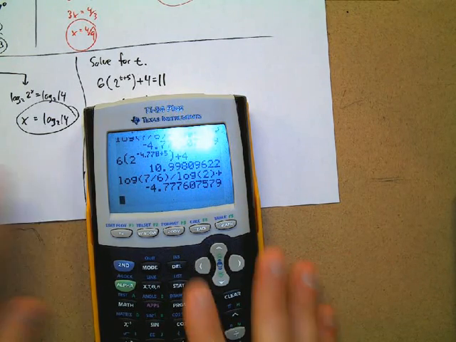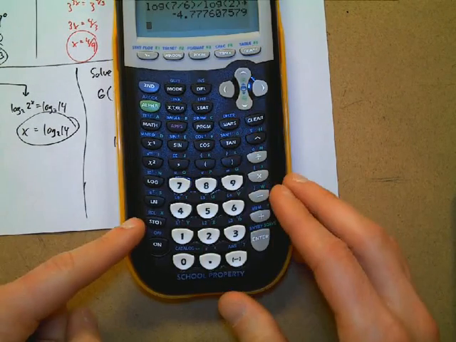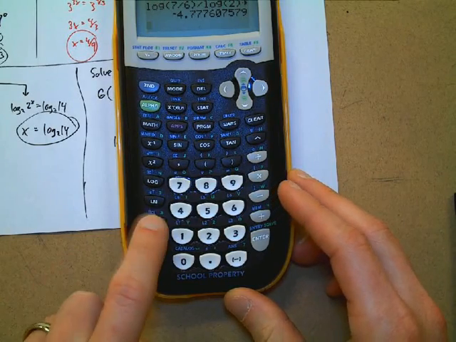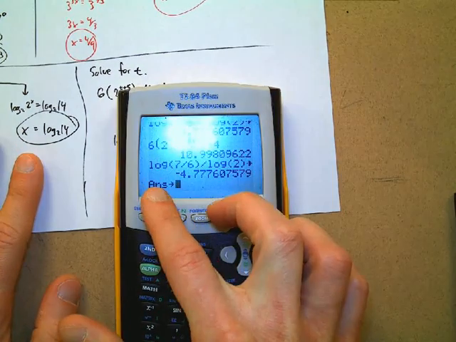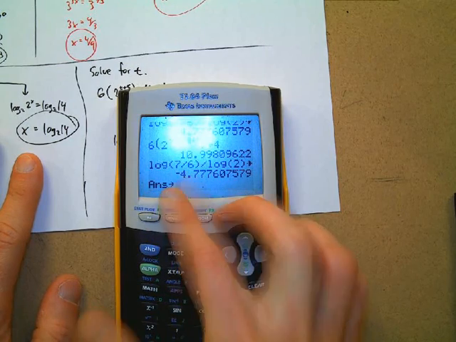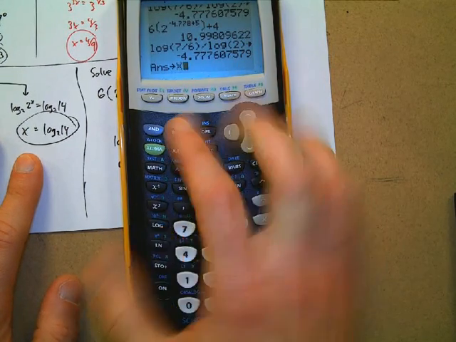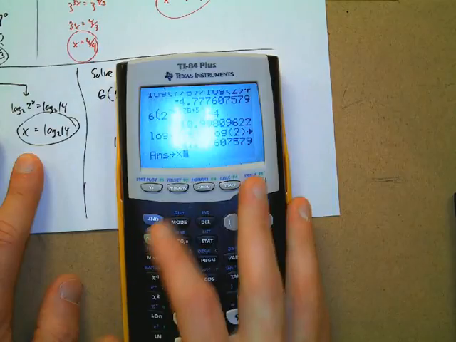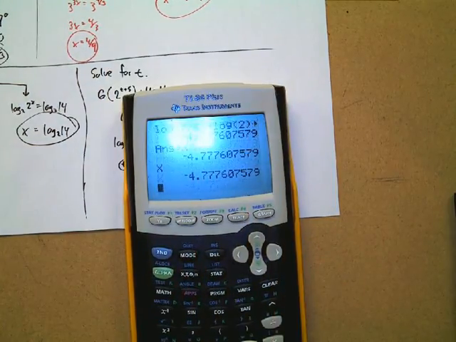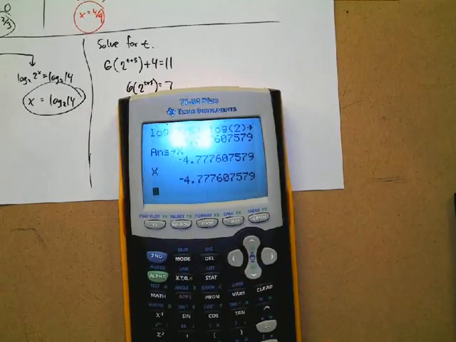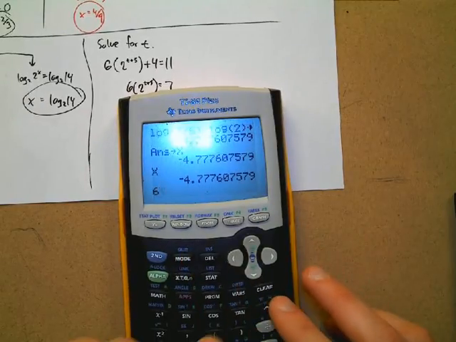So it's going to store that answer in for x. Now anytime I press x on the home screen, it's going to use that value. If you go to graph stuff with x, it's still just the variable x. But on my home screen, anytime I use x, it'll be that value. So then I could do 6 times 2 to the x plus 5, plus 4, and you'll see I get precisely 11. That's nice, if you don't want to round and potentially be off.